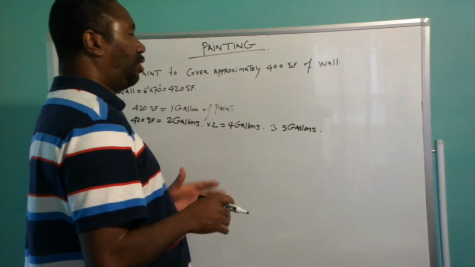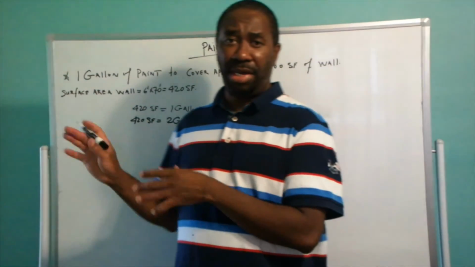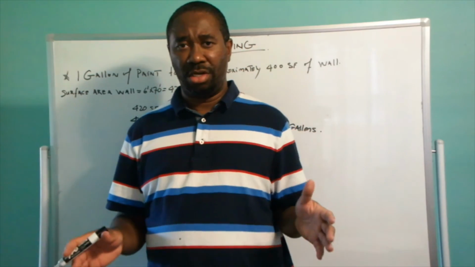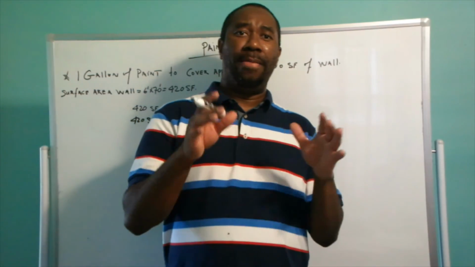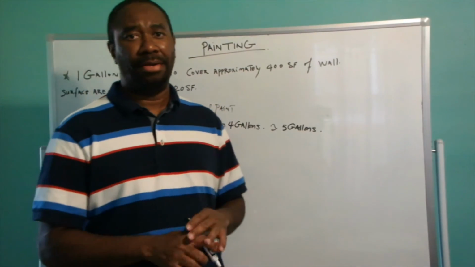So it is going to take 5 gallons of paint to paint this wall structure on both sides with a minimum of 2 coats per side.